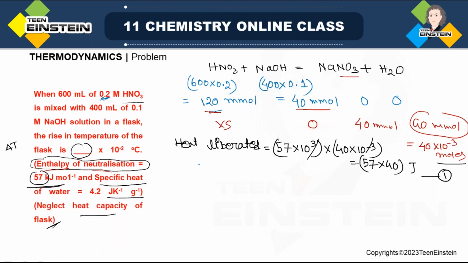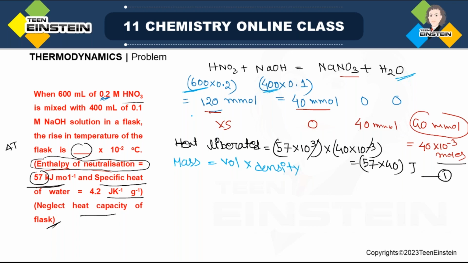Next, another equation. We need the value of mass. Mass is equal to volume times density. As the medium here is water, we are doing the calculation on the basis of water. This is 600 ml, this is 400 ml.